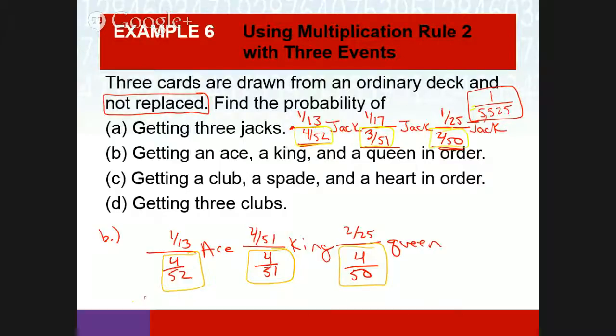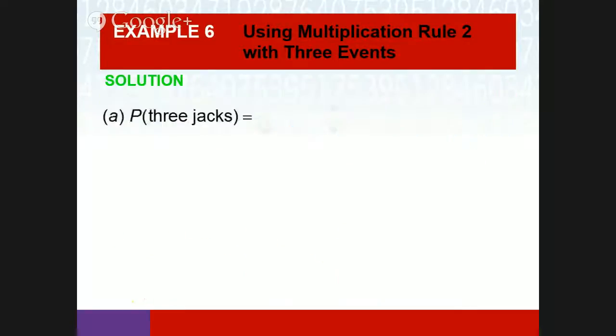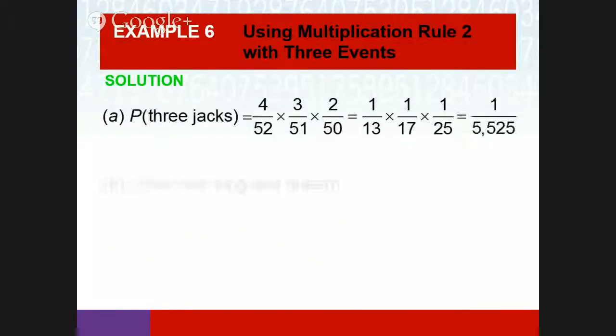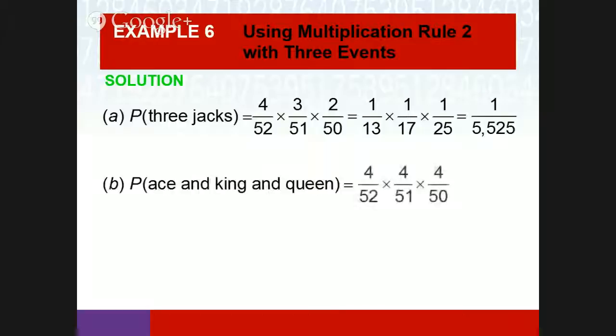So then the next one, I only have 50 cards in the deck, and I want to know what's the probability of being a queen. And there's still 4 queens left, because I have an ace and a king in my hand. Make sense?